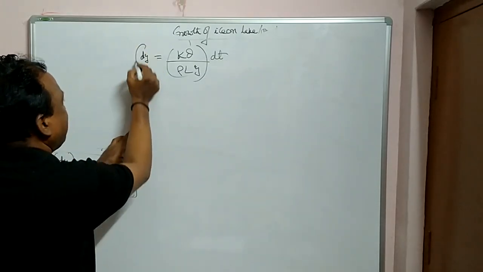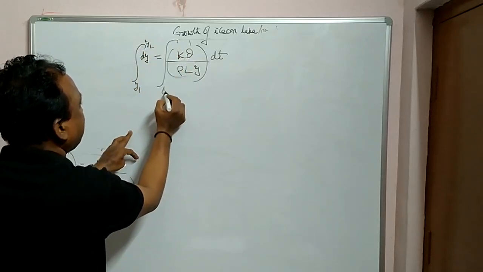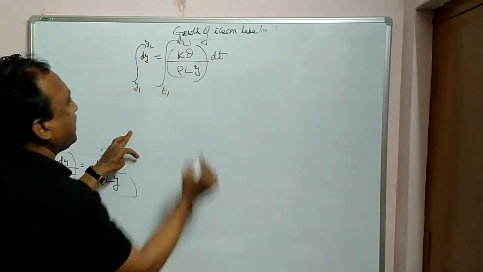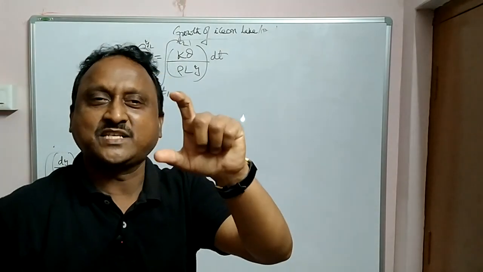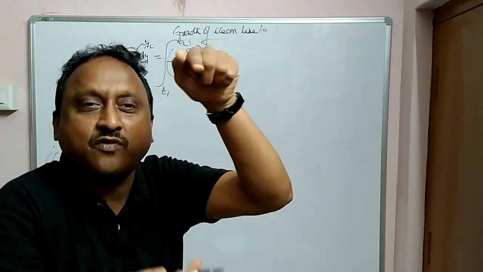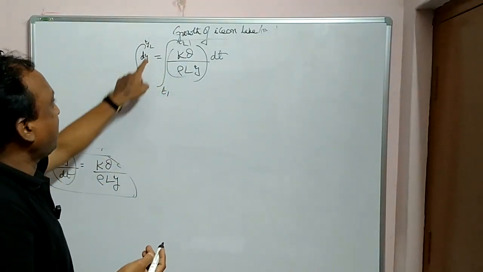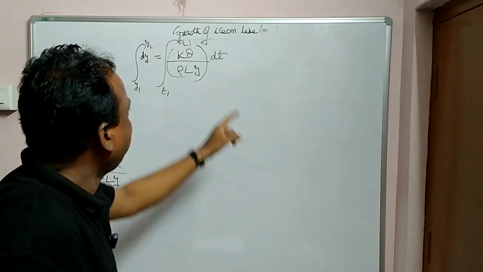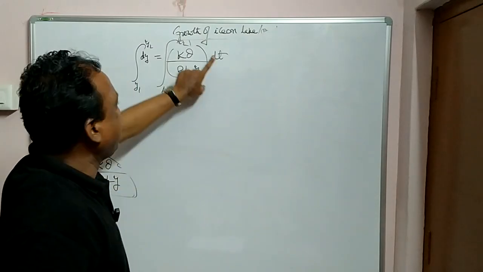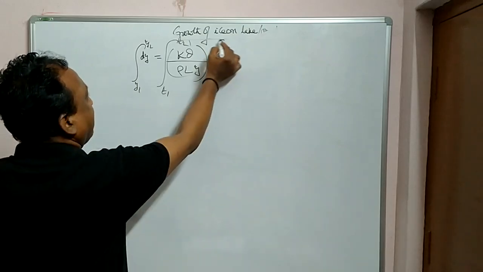For example, between y1 to y2, between t1 to t2, how much will be the displacement of the ice, how much ice is formed? Then you have to integrate. From y1 to y2 limits, integration of y dy. Similarly here dt, keep all the constants aside, from t1 to t2.